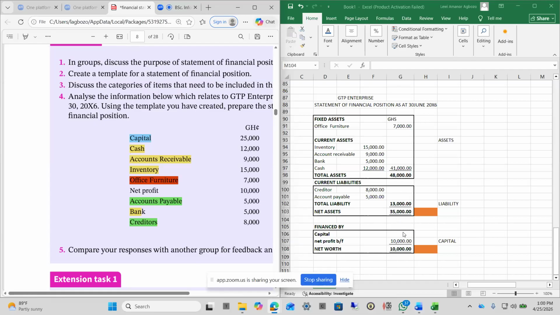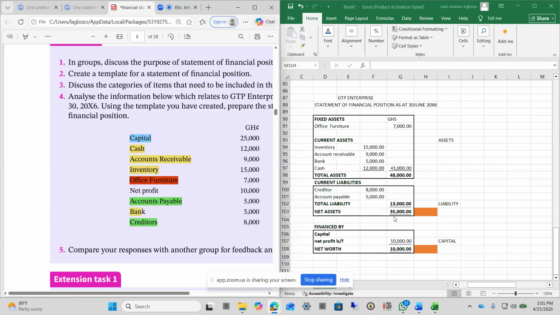So if this plus this is not adding up, then we can do this minus this plus this. This is giving us 48,000, this is giving us 35, and this is giving us 10. When we add, it will give us what?